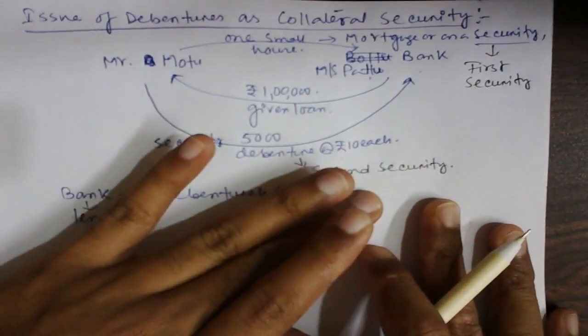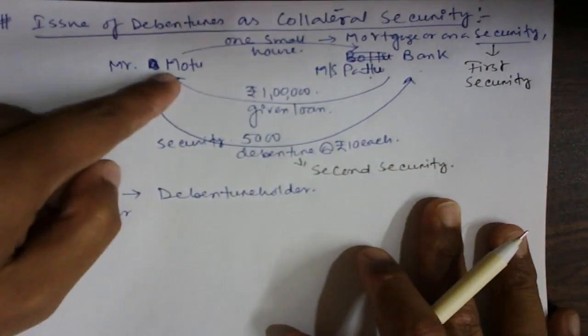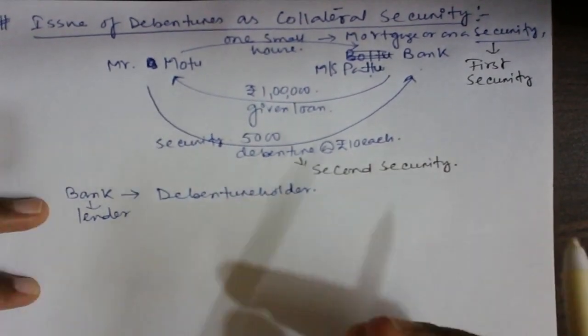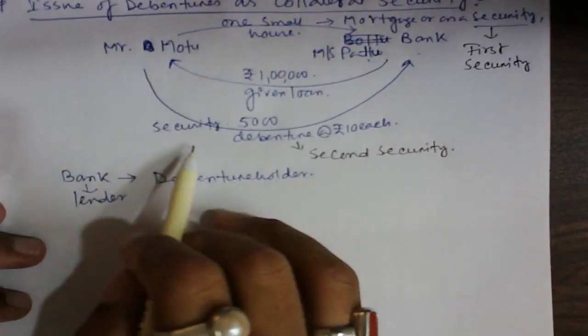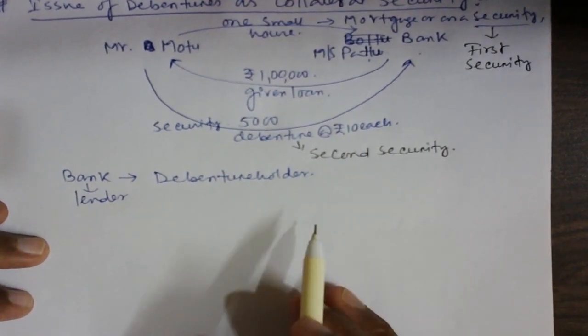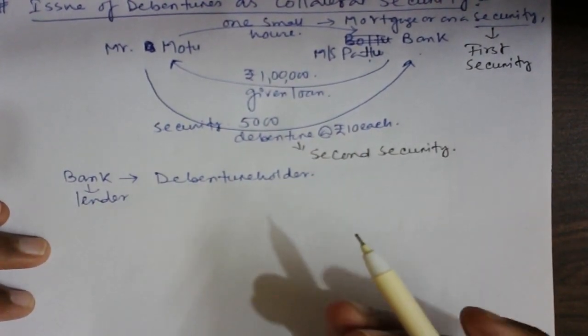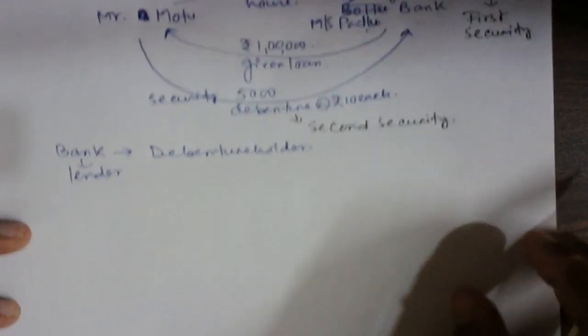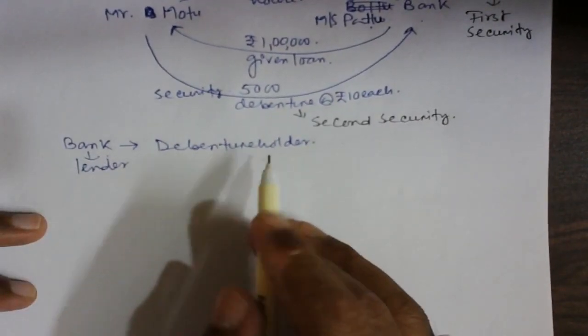It's an additional extra given by Motu to the bank. So it's a secondary security. These debentures are nothing but the second or additional security given by the customer to the bank or the lender. So the bank becomes the debenture holder.